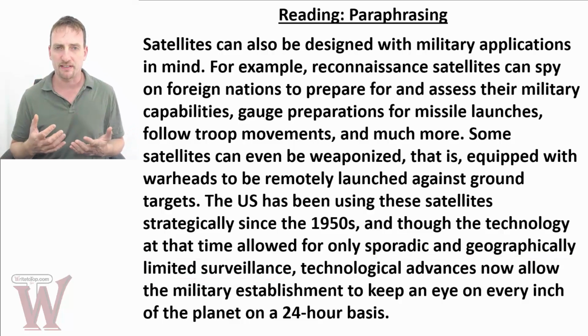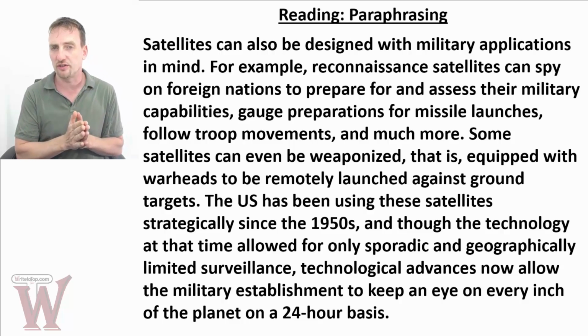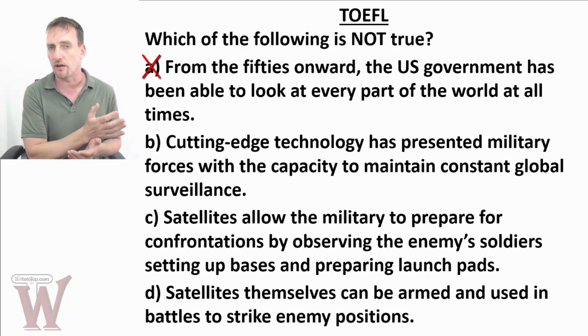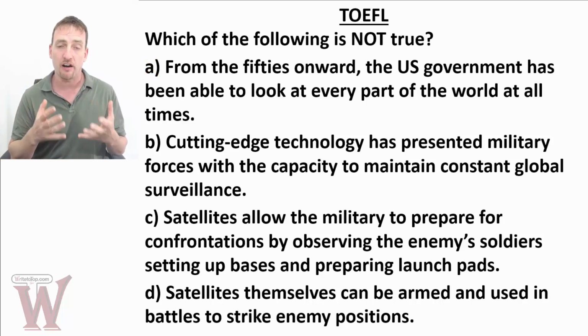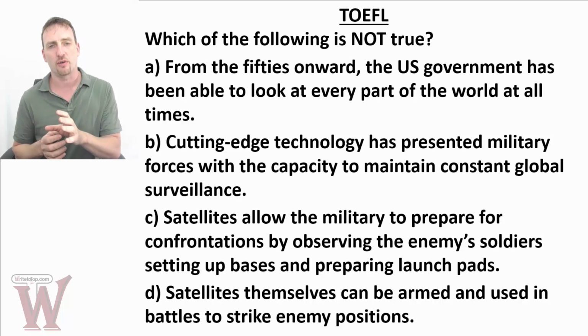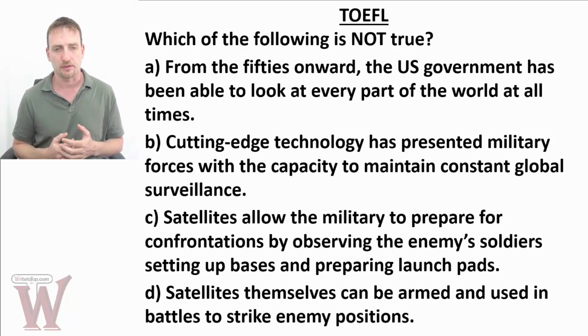Today, with the advancements in technology, they can look everywhere all the time. But in the 50s, they couldn't do that. So, A, automatically you should understand is not true. There's your answer. You can move on. But you should probably go through B, C, and D, make sure that they are in fact true, make sure there's nothing better. But the key here is from the 50s onward. That's your extreme word that you have to be careful about.